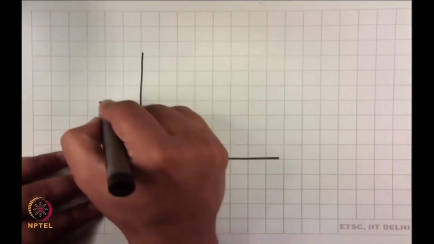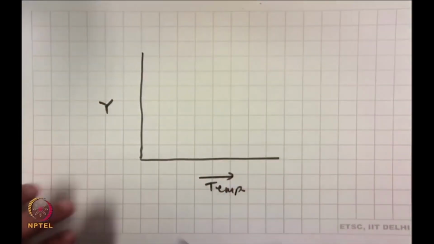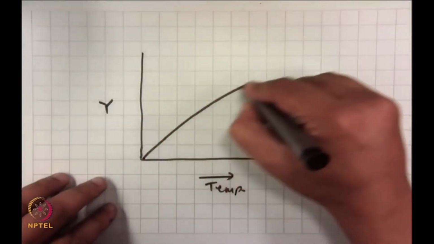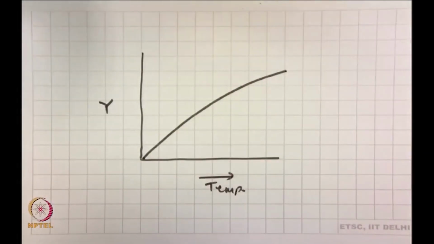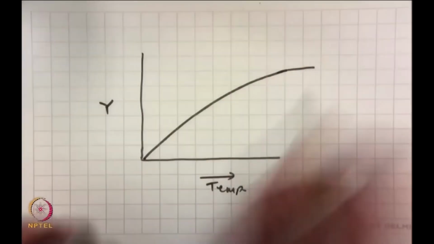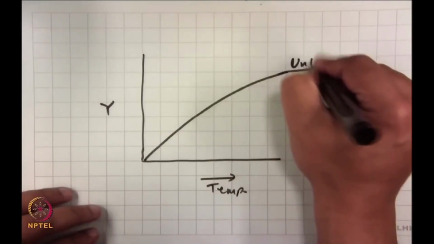Say for a protein, this is a spectroscopic signal and this is temperature, right, and its transition looks something like this. So, this is your unfolded baseline.